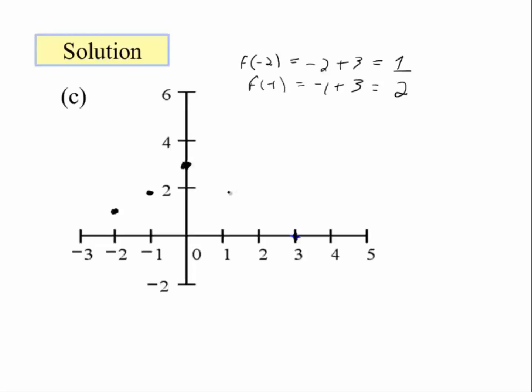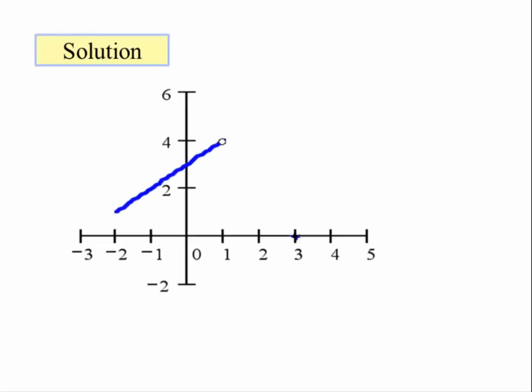So the y-intercept's 3. Now when we do f of a positive 1, we no longer use this piece. This piece is only defined till we get close to 1. So we have an open circle here, and when x is equal to 1, the function is defined to be 3, so we put a solid circle at y equals 3.